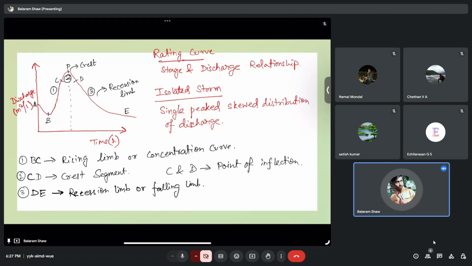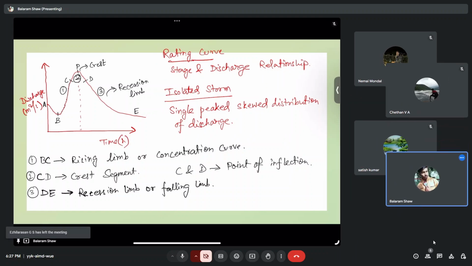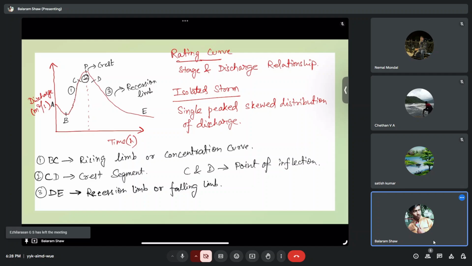As I mentioned, let's say at point P or before that rainfall has stopped. So as rainfall has stopped, slowly the runoff will start reducing, and because of that, on what factors will this recession limb depend?